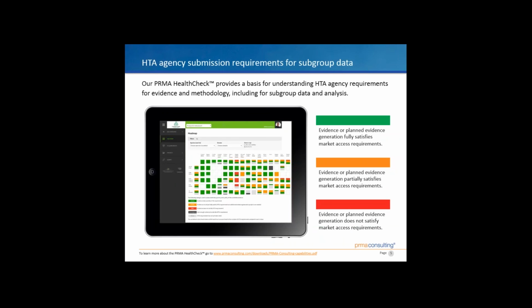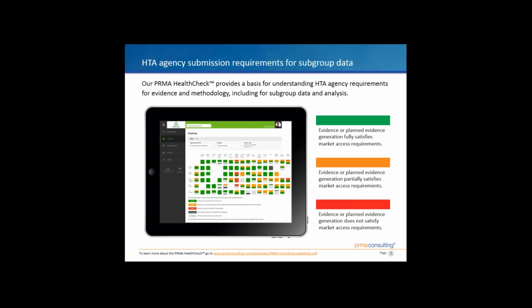We're all familiar with the key domains of focus from P&R and HTA agencies, whether those be incremental clinical benefit, appropriate comparators, cost effectiveness, budget impact, or the eligible patient population. But it's very clear that subgroups impact all those particular domains.